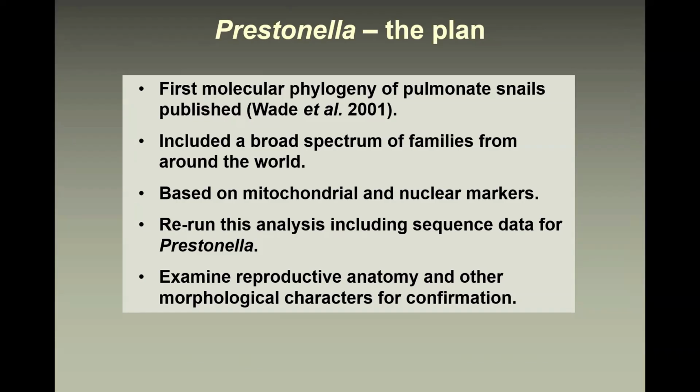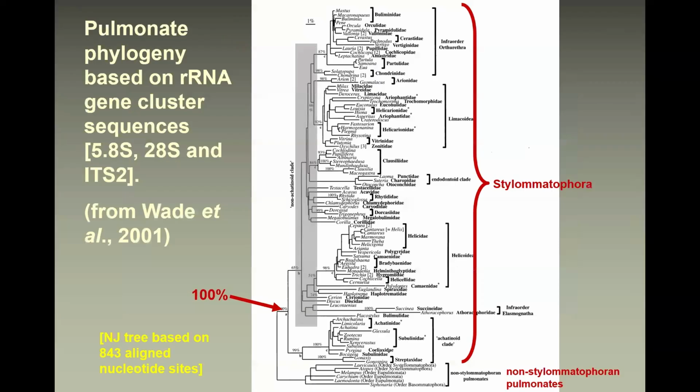It had already been published. So we just wanted to pop the genetic information from Prestonella in with his data and rerun the analysis to see what it told us. And then after that, we were going to look more at the morphological information to see if we could get confirmation of whatever the molecular data told us.